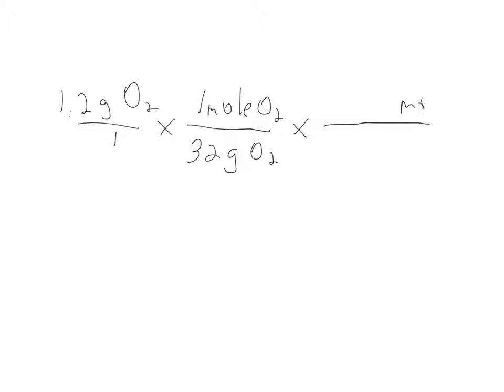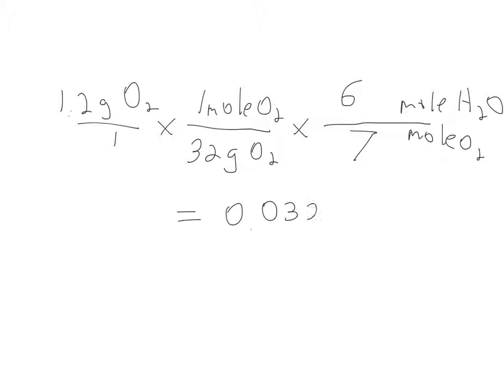Remember, that's a mole over a mole. We need to get rid of the O2. We're looking for water. And if I look at those coefficients from the original balanced reaction between water and oxygen, it's a 6 to 7 ratio. I do that, I solve, and I wind up with 0.032 moles.